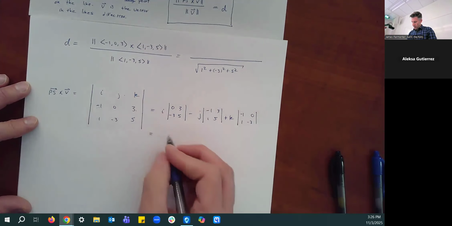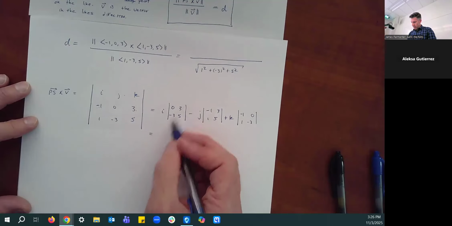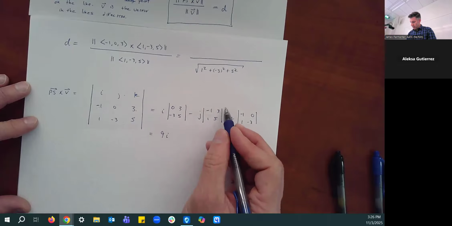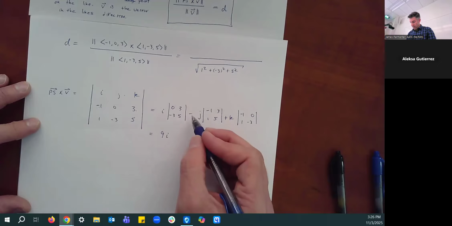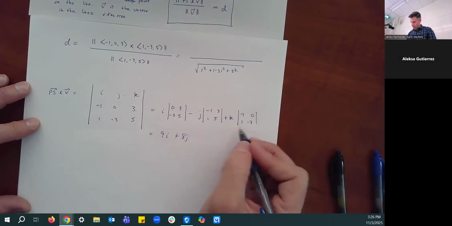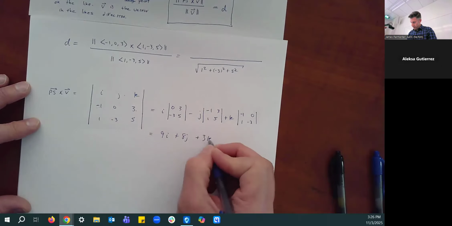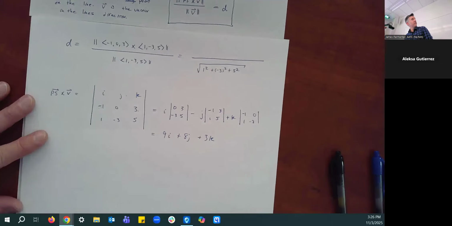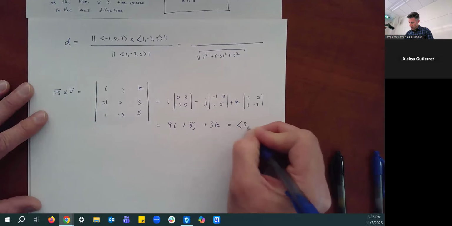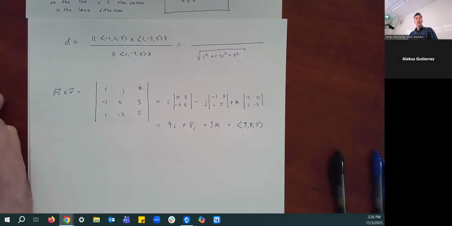Simplifying this, we get 0 minus negative 9 is 9I. Negative 5 minus 3 is negative 8, so we have minus negative 8J. And 3 minus 0 is 3K. We can write it like this if we prefer; either way, 9, 8, 3.